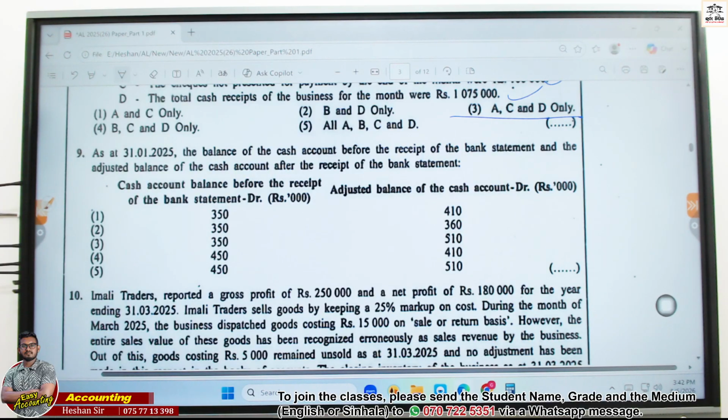They ask both, before and after, right? They're asking the before balance and the after balance both.